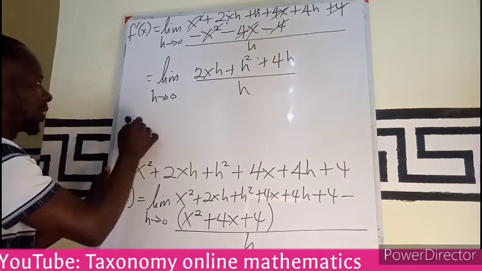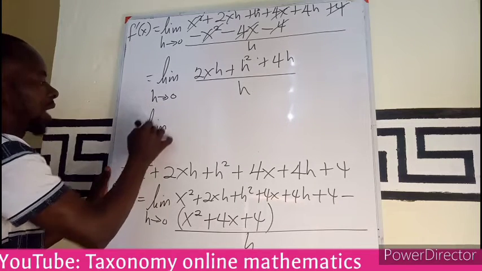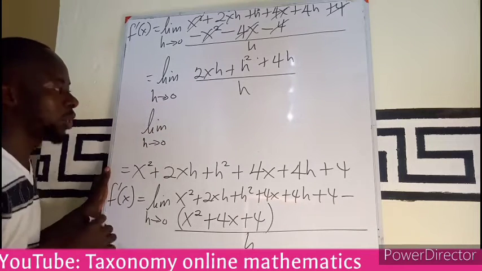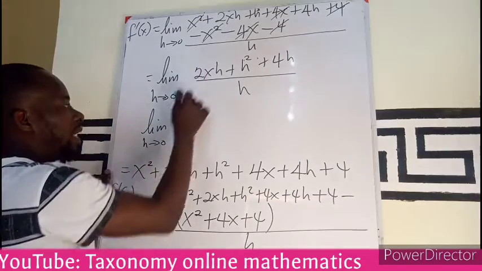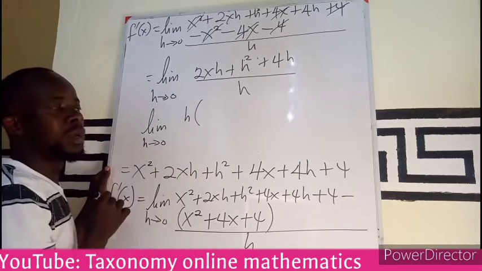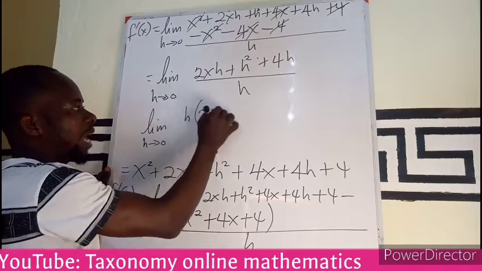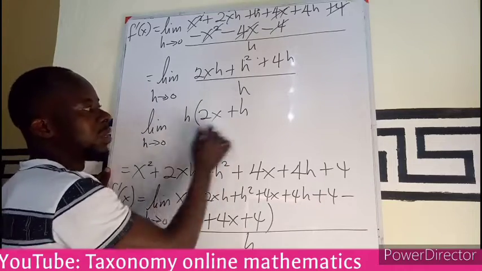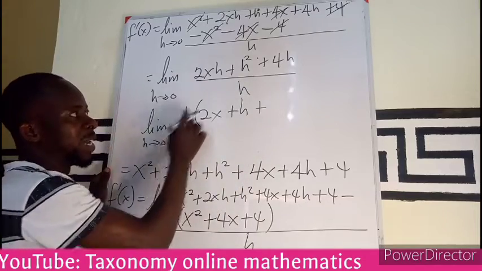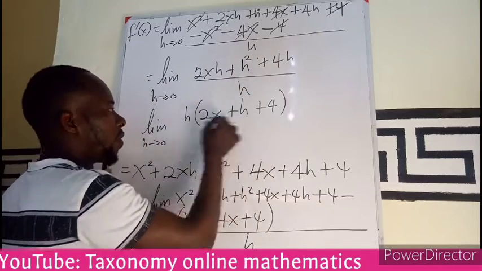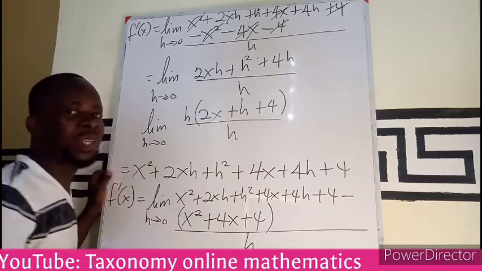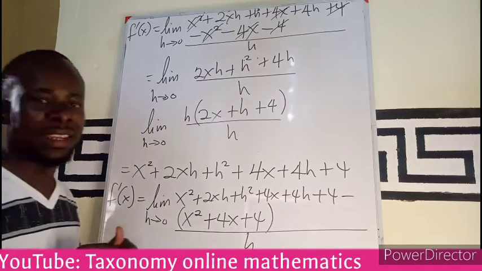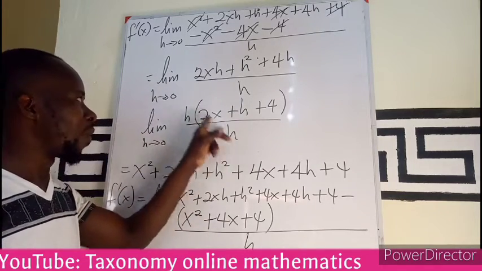So in this case, I'll have the limit as h still approaches 0. If I take the h out, the factor it will multiply will be 2x, plus the factor that multiplies this will be h, plus another factor multiplying this will be 4, all over h. So you can see clearly that there is another common term.